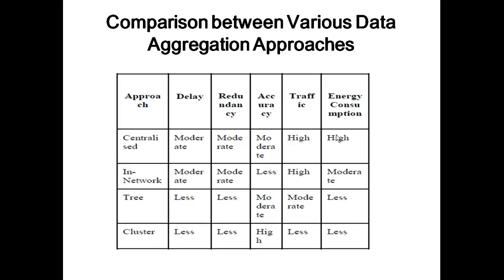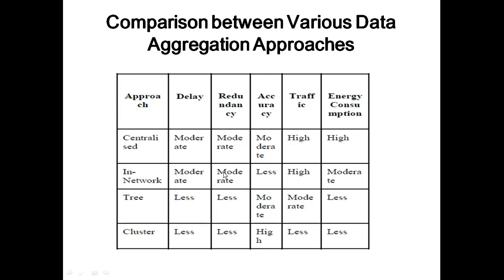Next is the in-network approach. In the in-network approach, again, the delay is moderate, as we saw previously. Again, the redundancy will be moderate because we have not taken any precaution as such. Of course, there were two variations, by reducing the size or without reducing the size. So yes, the redundancy will be intact in this. Of course, the accuracy is very low.